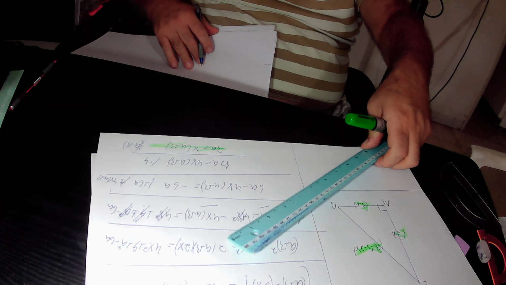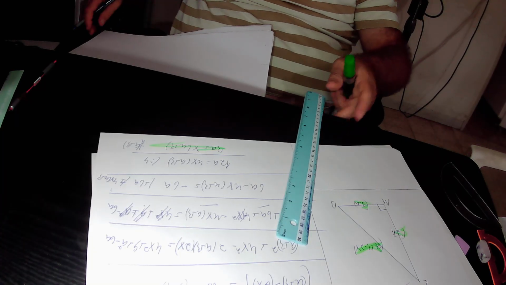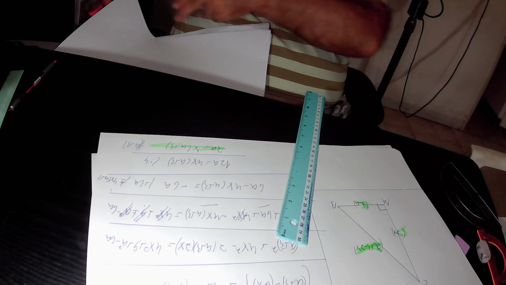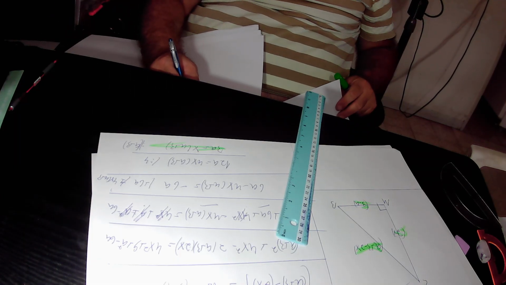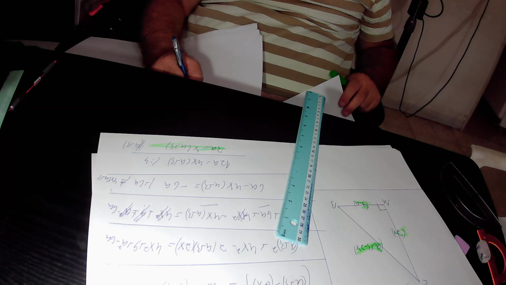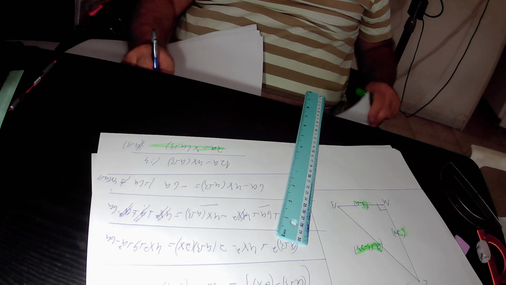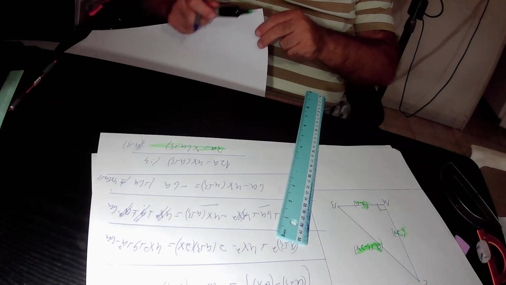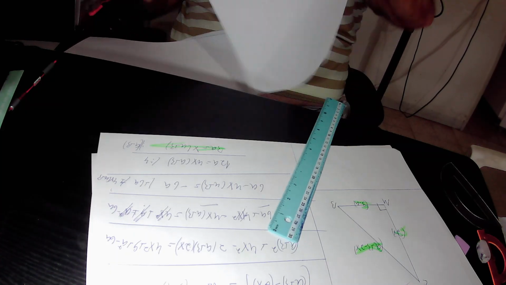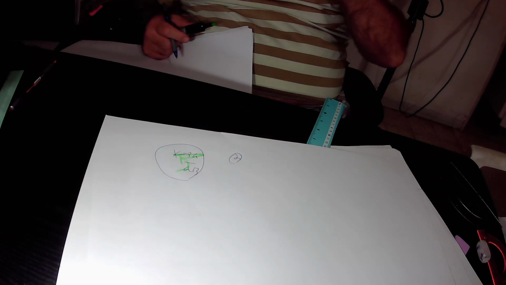And again, in total x equals 3a over a plus 3.